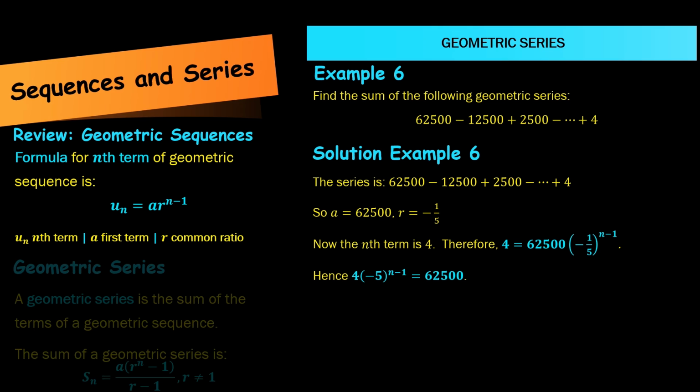Multiplying through by minus 5 to the power n minus 1 gives us this expression here. And of course notice that 62,500 is positive, so therefore the minus in the brackets on the left hand side is redundant. And we can actually say that 4 times minus 5 to the power n minus 1 equals 4 times 5 to the power n minus 1.